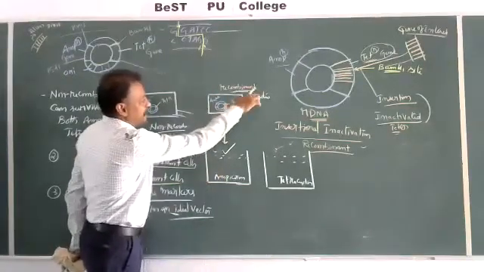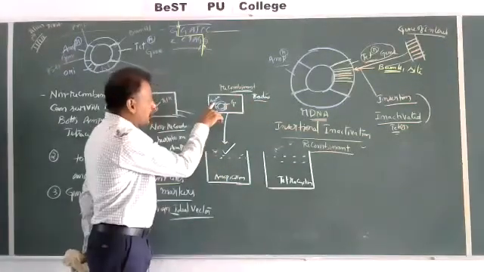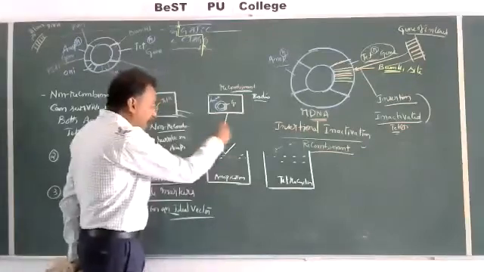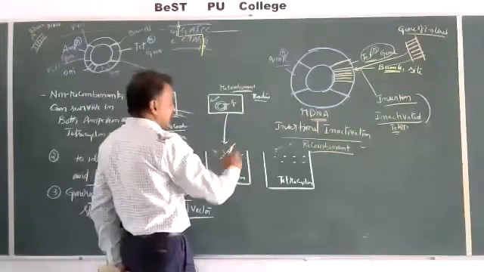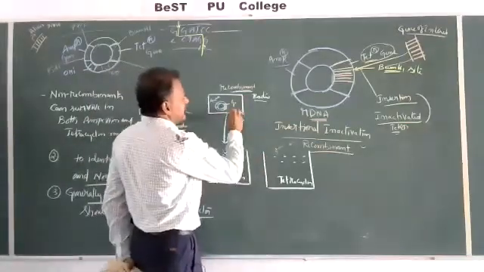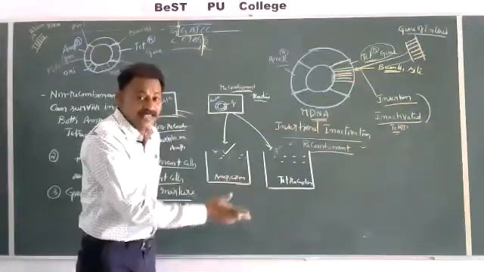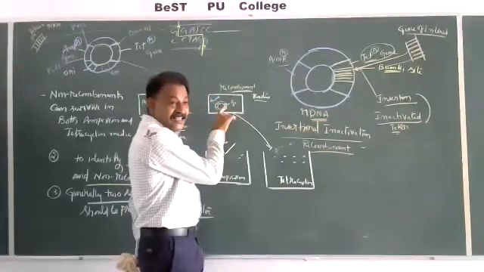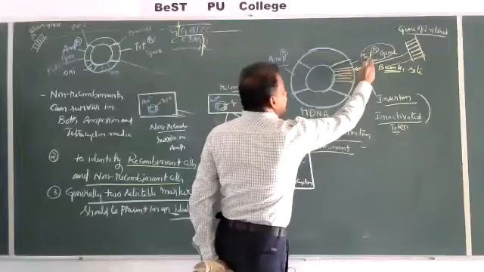After growing so many colonies, if you drop this from here into tetracycline, it cannot grow because the tetracycline gene is insertionally inactivated.